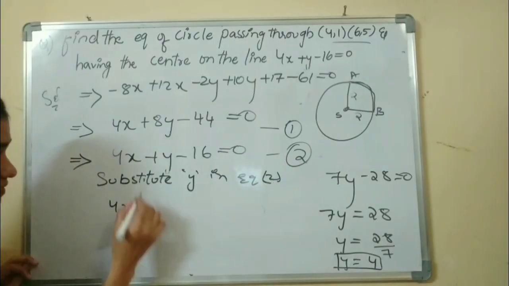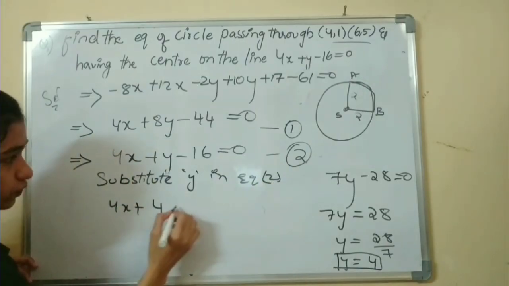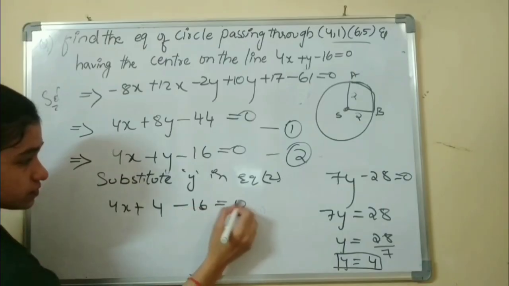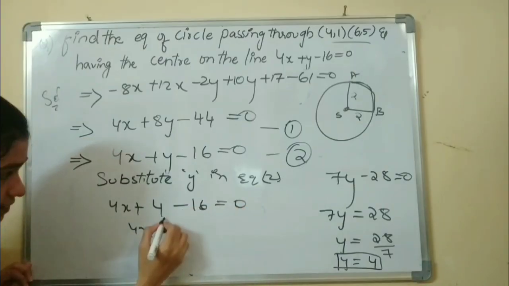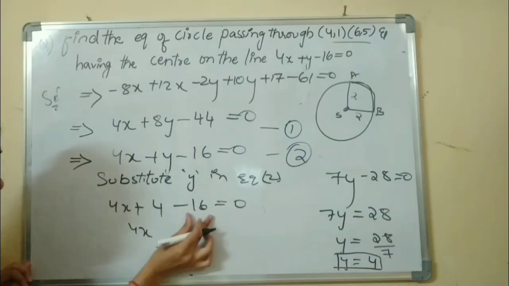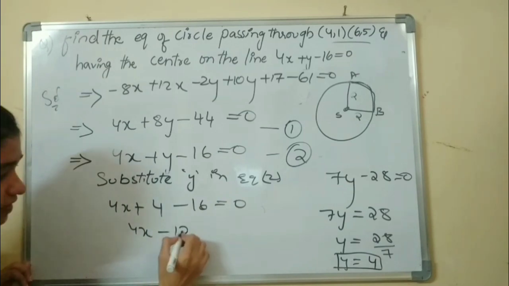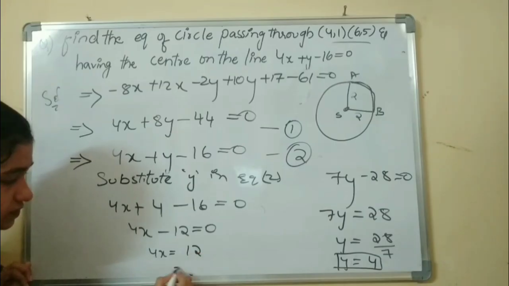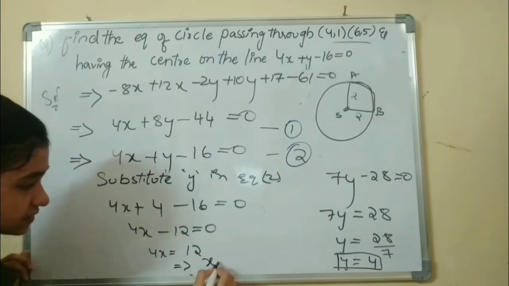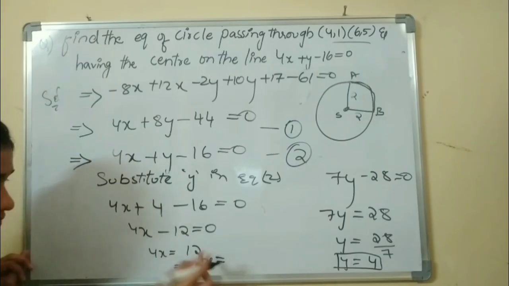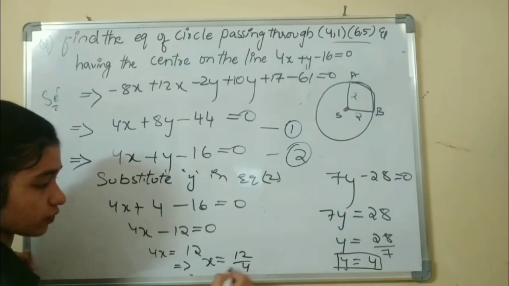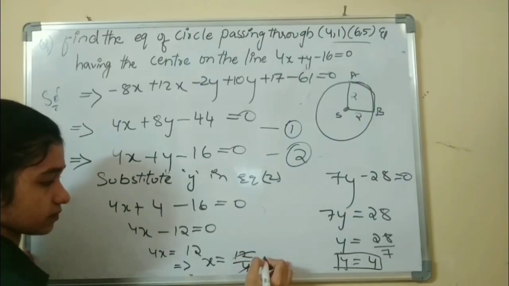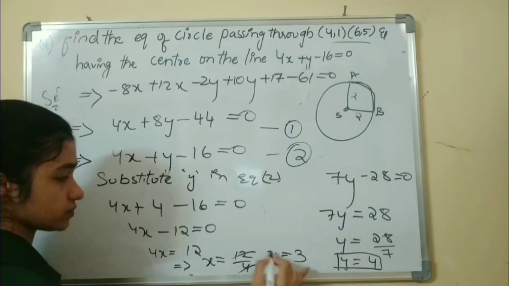4x plus y: 4x plus 4 minus 16 equals 0. 4x plus 4 minus 16 is minus 12 equals 0. 4x equals 12, since on the other side it will be positive. Similarly, x equals 12 by 4. 4 1s are 4, 4 3s are 12. x equals 3.